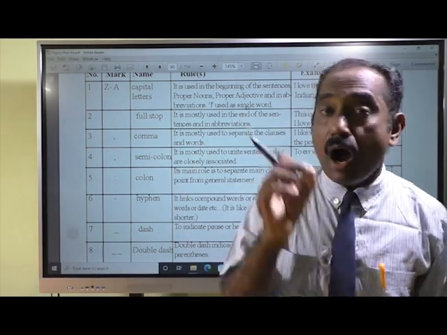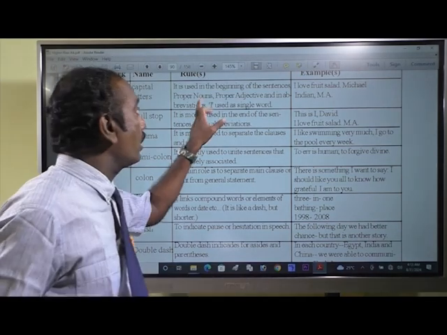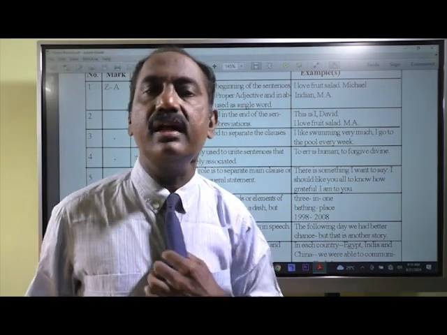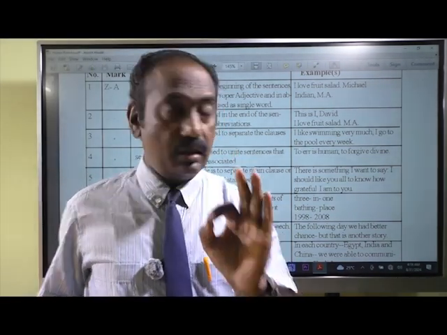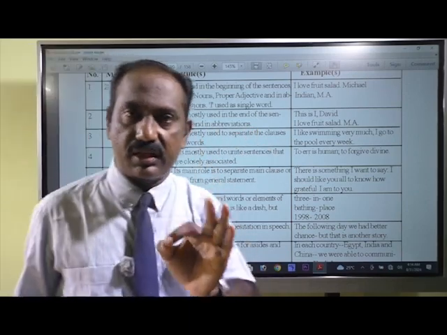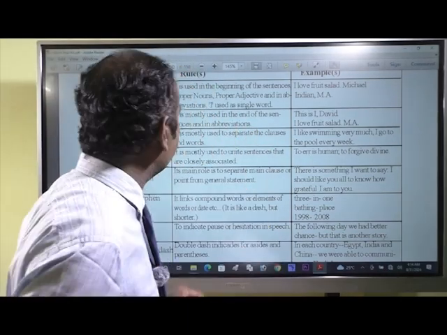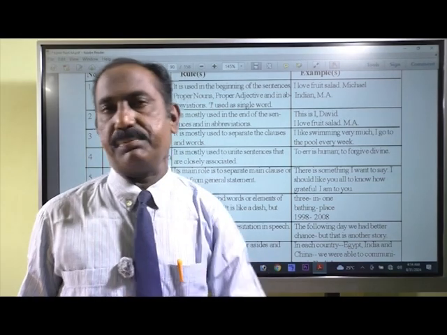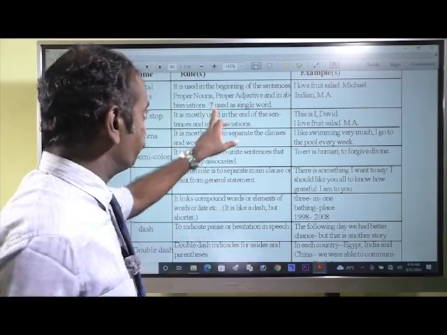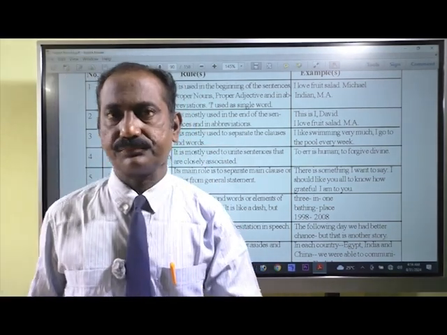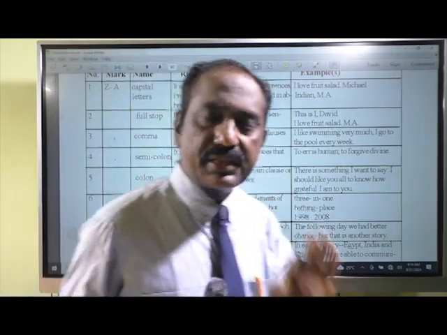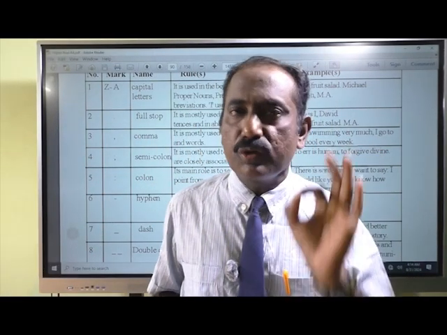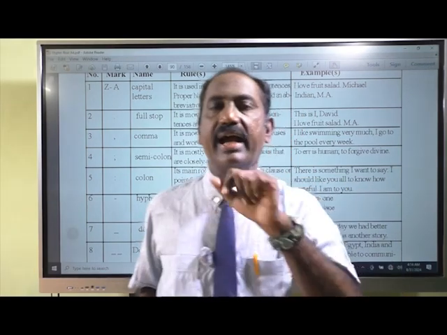Number two, the first letter of all proper nouns should be capital, like Raju, R capital, Peter, P capital, only the beginning letter. Third, the first letter of proper adjectives should be capital, like Indian, I capital.